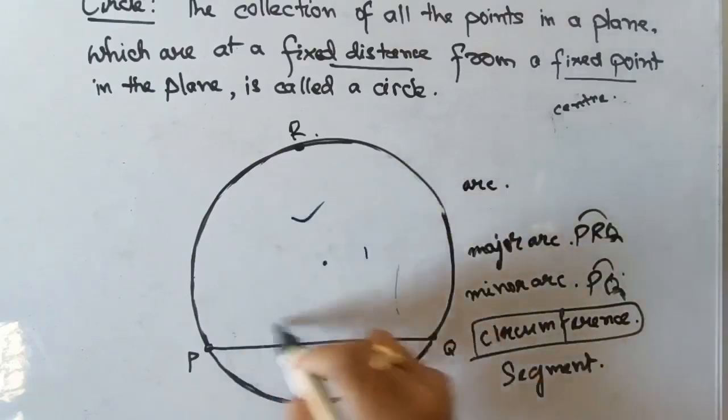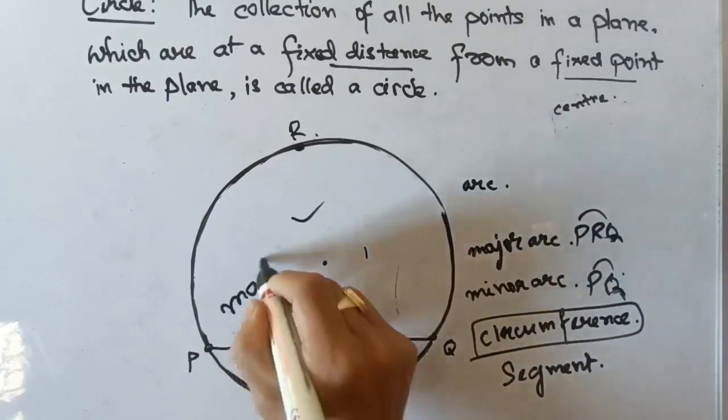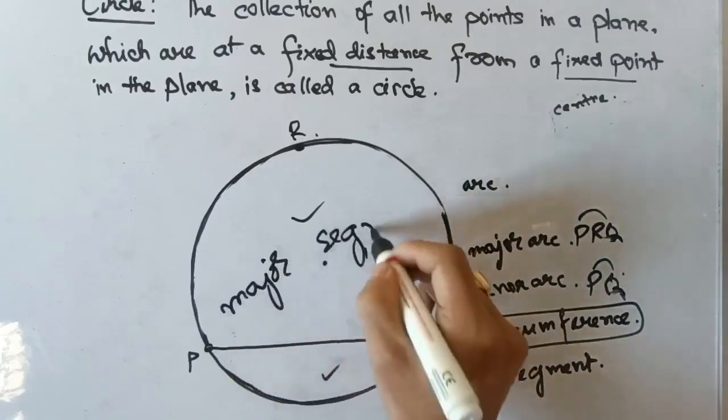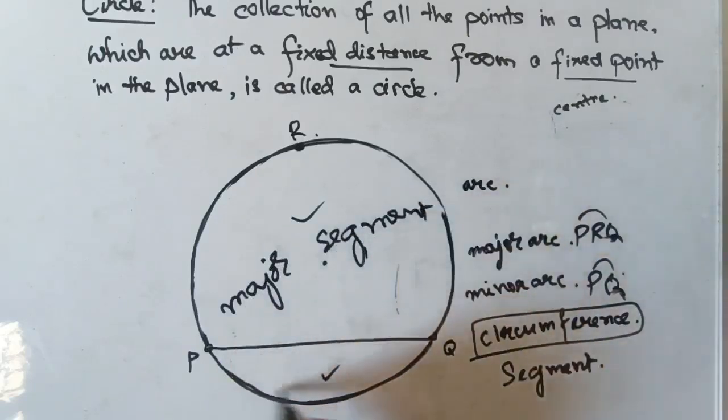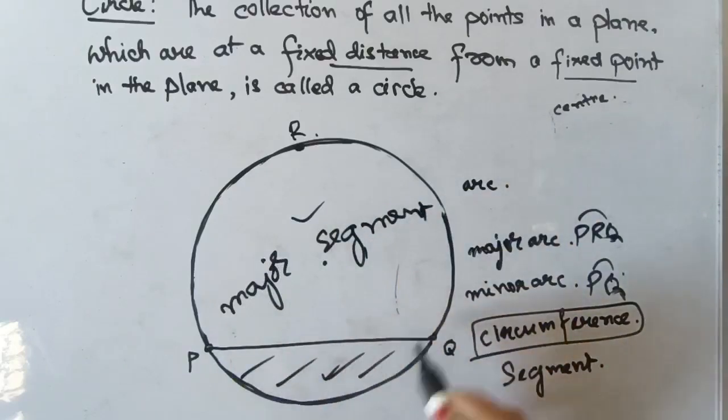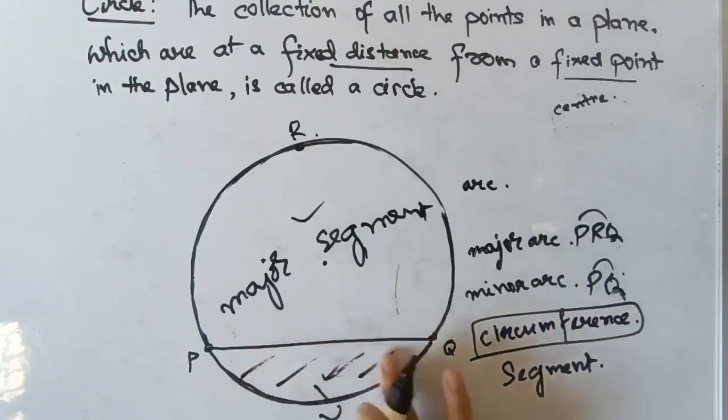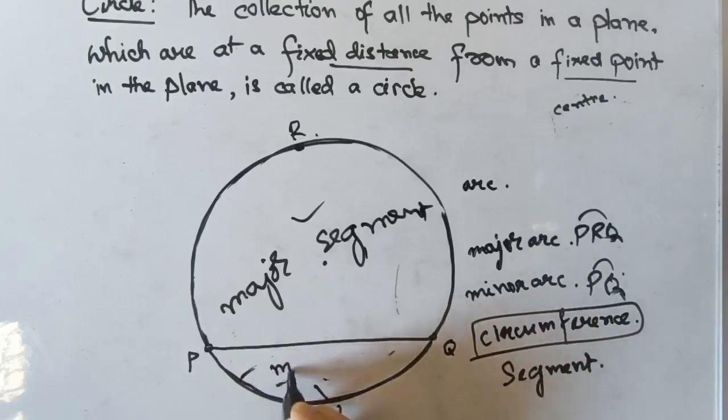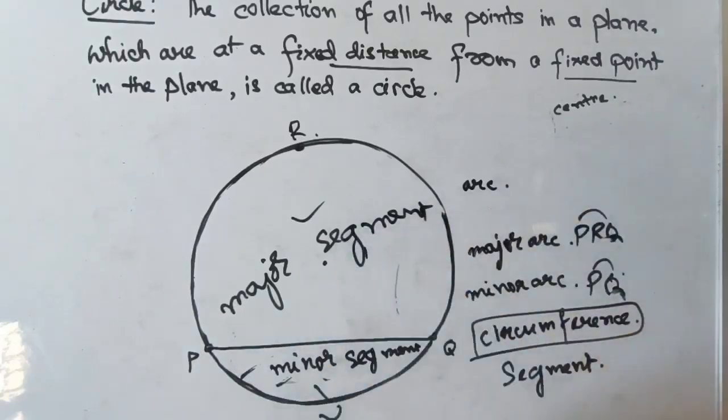The bigger region is called the major segment, and the smaller region, this one, is called the minor segment. So the region between a chord and an arc is called the segment of a circle.